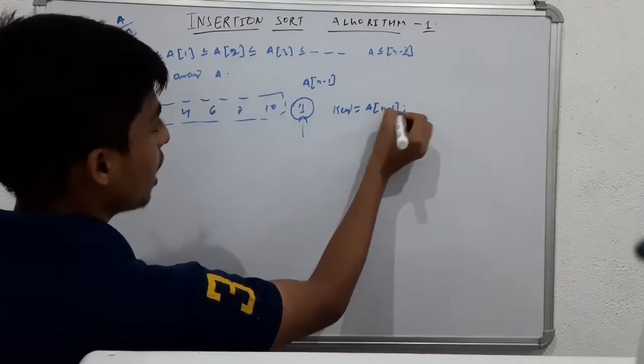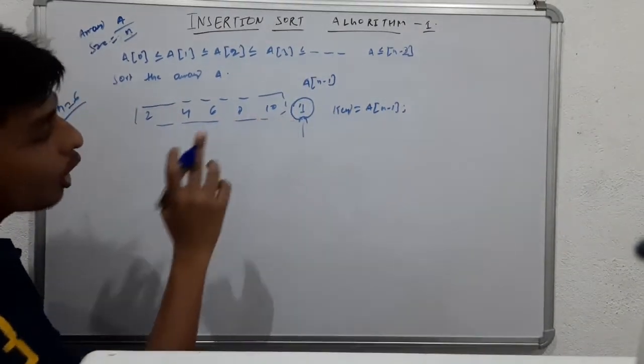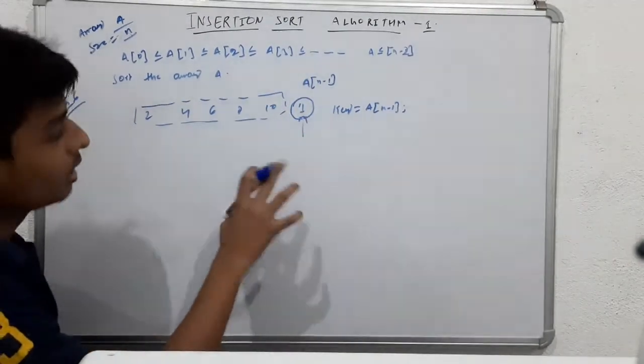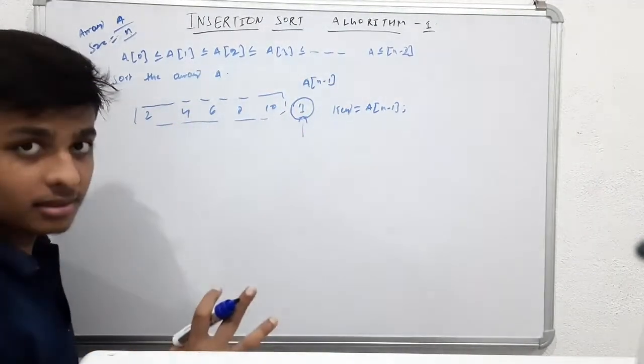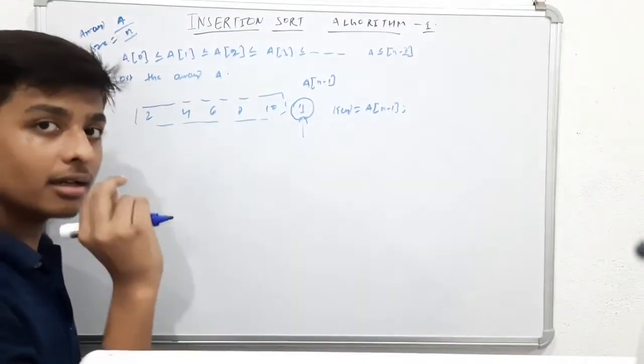Now you shift all the elements which are greater than the key, that means the last element, to the right by 1 place.